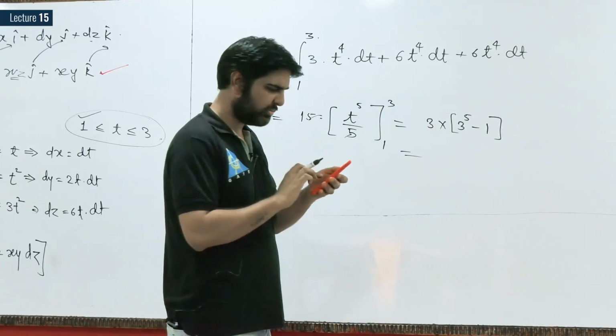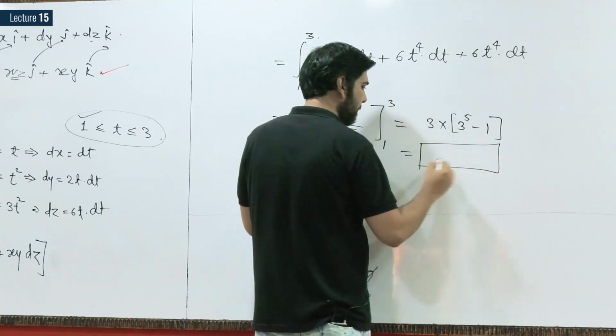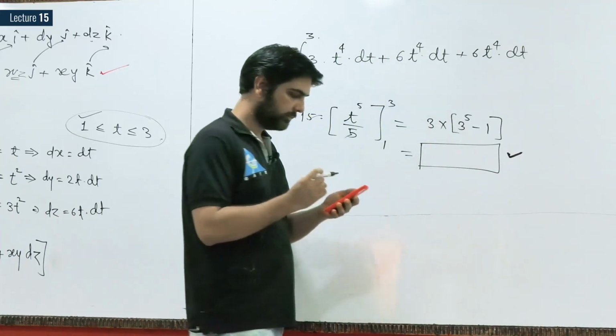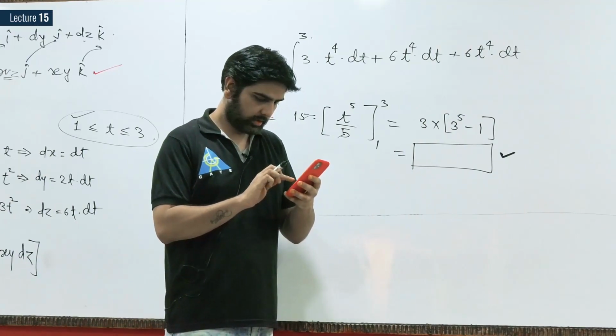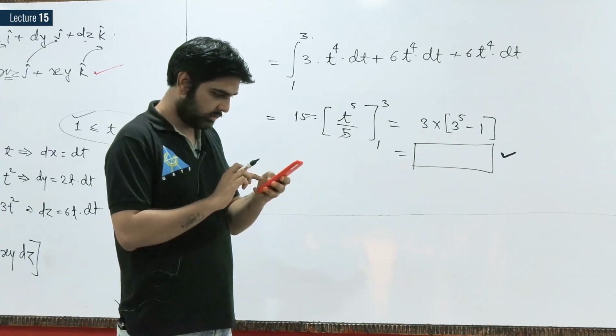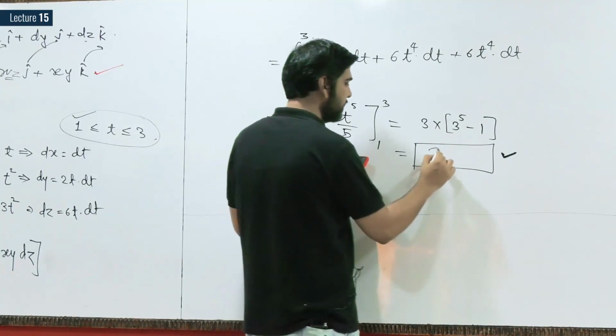Just calculate 3 raised to power 5. Fine. And tell me the total answer, 3 raised to power 5 minus 1. So 3 raised to power 5 is nothing but 243, minus 1 is 242, into 3. So 726 will be the answer.